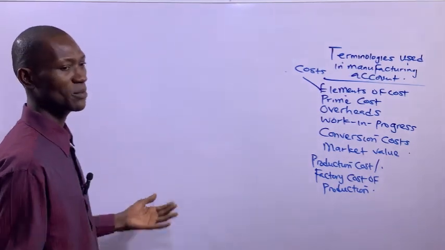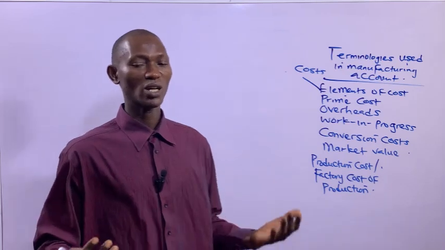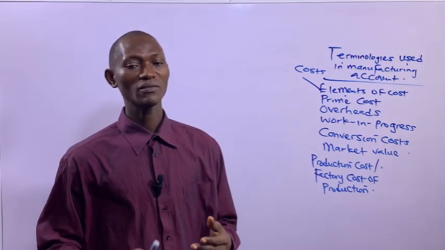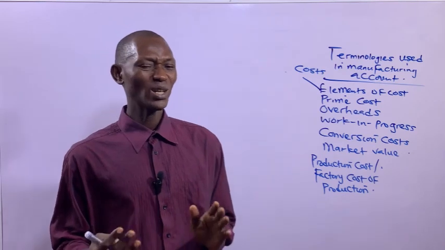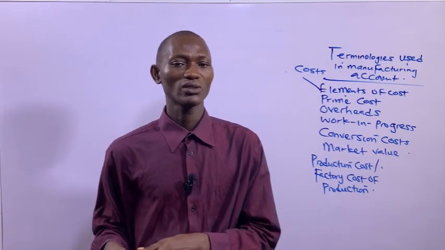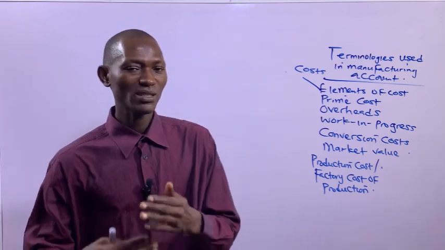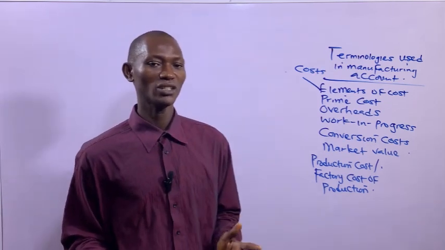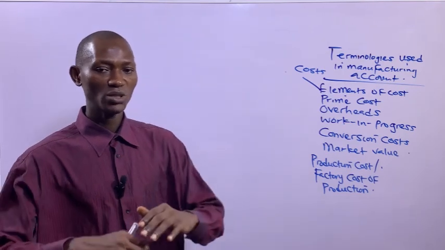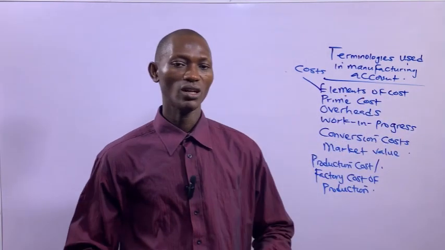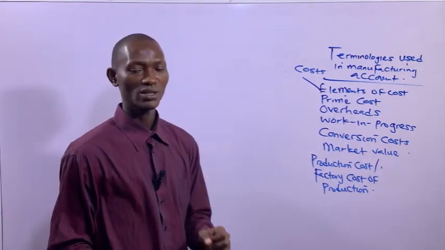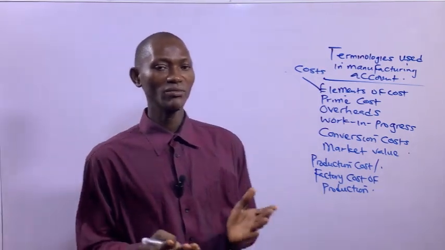Examples of overheads, because most times we call it factory overheads: we can have factory insurance, we can have fuel and power. So any cost that is incurred, the expenses of running the factory, that's factory overheads. Costs that are attributable to running the factory as a department, then we tag them as overheads. And they are indirect costs.